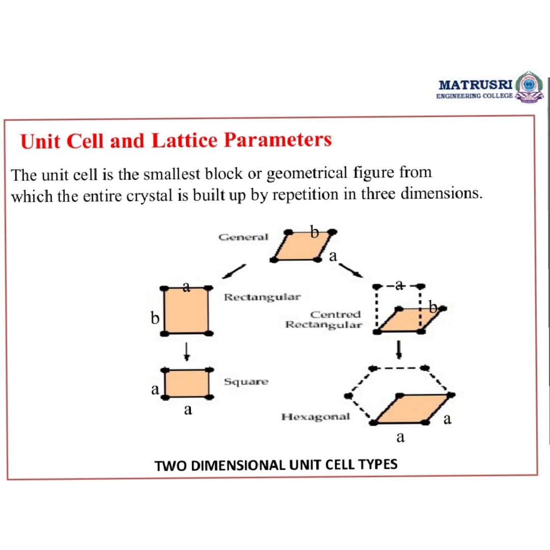The parameters required to describe the unit cell are called unit cell parameters. For example, the lengths of the edges of the unit cell and the angles between them are called lattice parameters. And this unit cell can be of any shape.